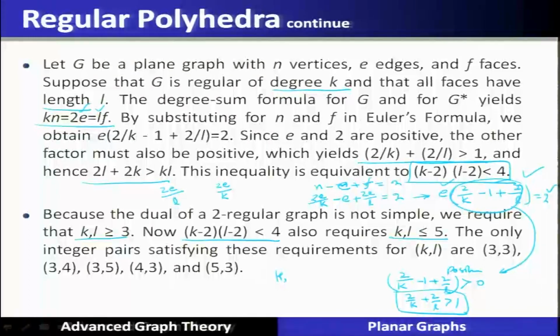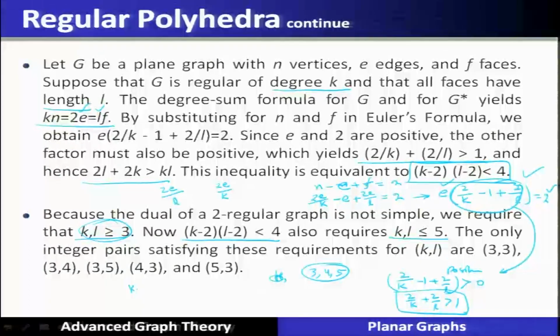Therefore, satisfying both, k and L should be greater than or equal to 3 and less than or equal to 5. So there are 3 different possible values, 3, 4 and 5, for k and L.